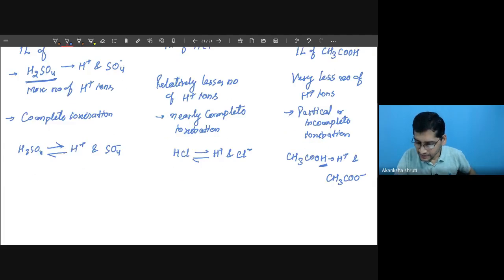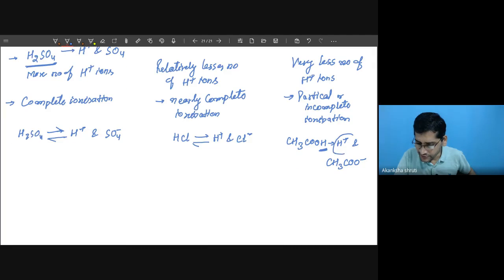Student, the number of H plus produced here is very less. So here a very lesser number of H plus ions is produced.